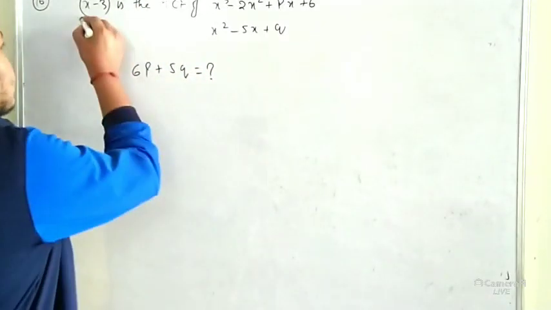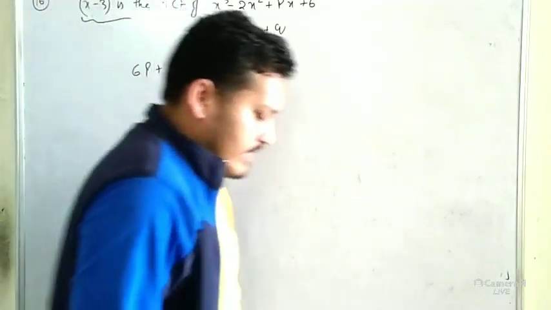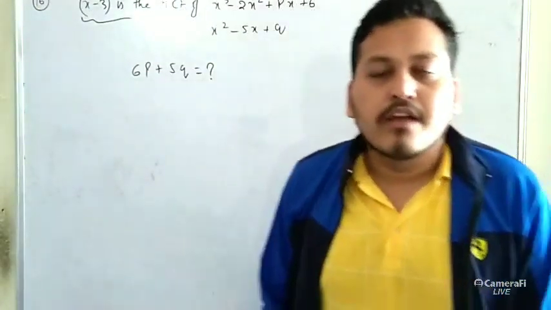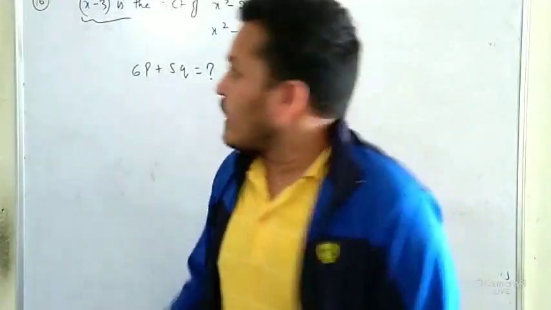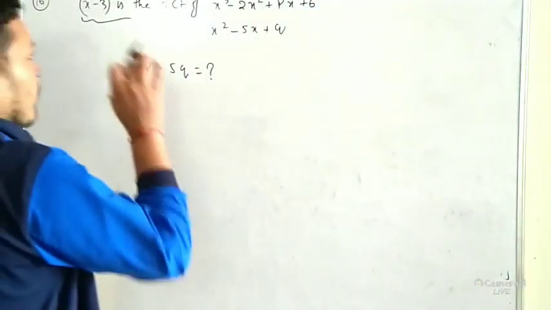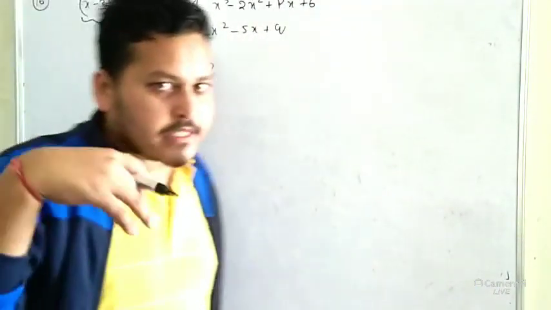It is given that x minus 3 is the HCF, and HCF means highest common factor. Common factor means it is a factor. So when x minus 3 is a factor here, in both cases the remainder will be the same.